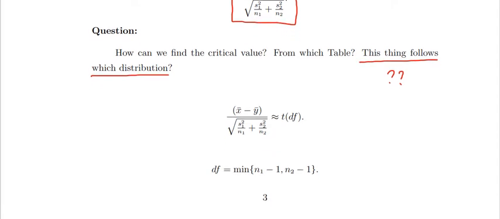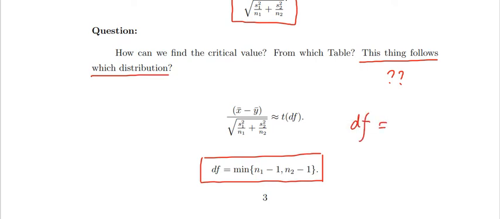Like we have two samples, and then we have two degrees of freedom, right? Sample size n minus 1. We know for a one sample problem, the degree of freedom is n minus 1. So here we have two degrees of freedom, like n1 minus 1, n2 minus 1.